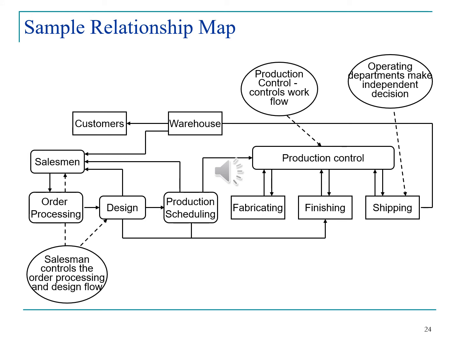In this slide, we have a sample relationship map. Typically what you see here is the connection between the processes and the operations in the facility. So we start with the production control, and then we have some steps in the manufacturing process that are happening, and those move after processing is completed to the warehouse, and from the warehouse to the customers, and so on.